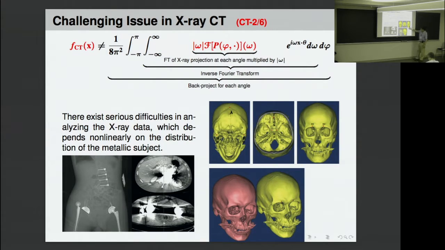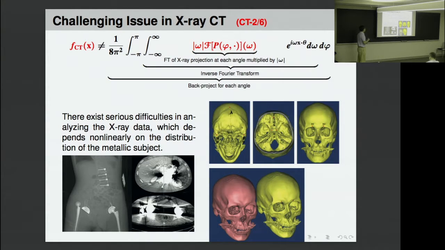Look at this image reconstructed using it, but it is not clean because the metal is here. That's why metal streaking artifacts like this appear. Here the joint is here, and that's the reason for this metal artifact.